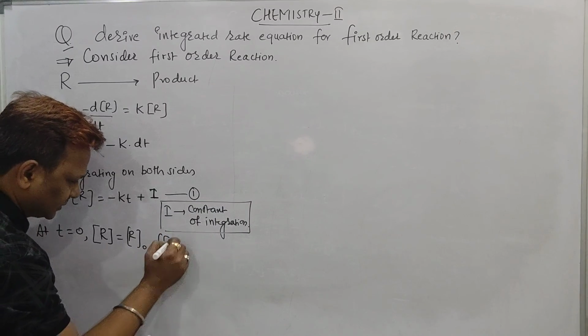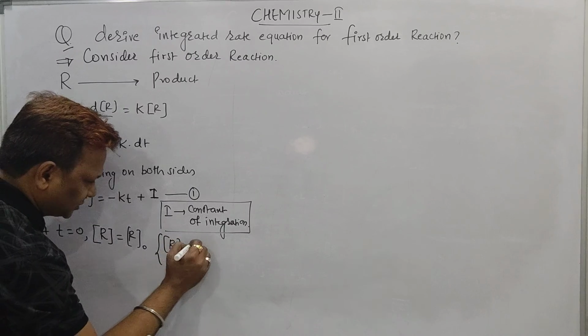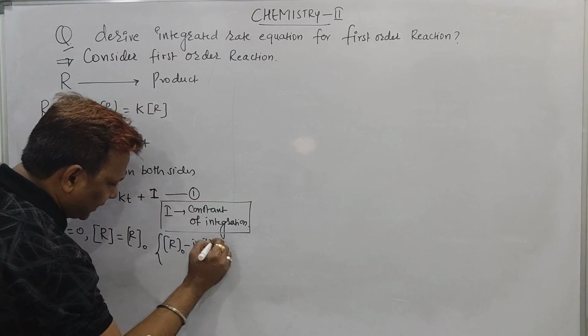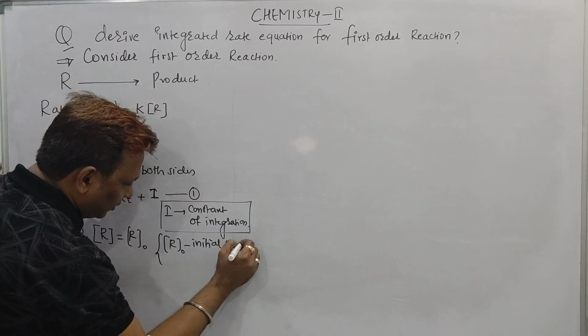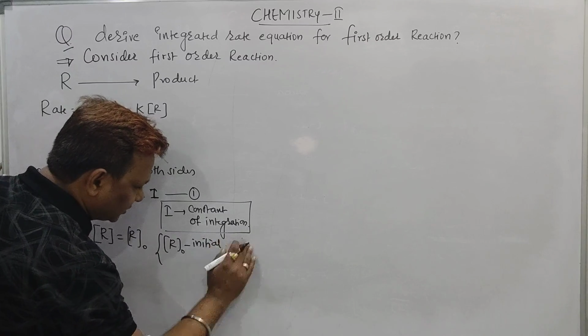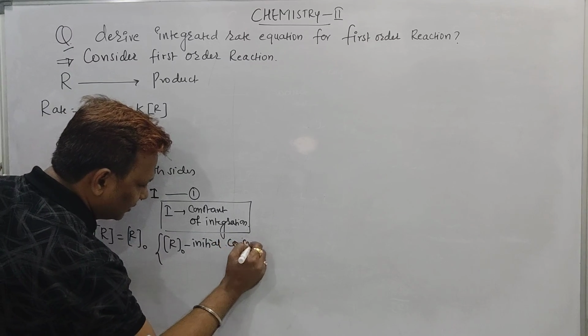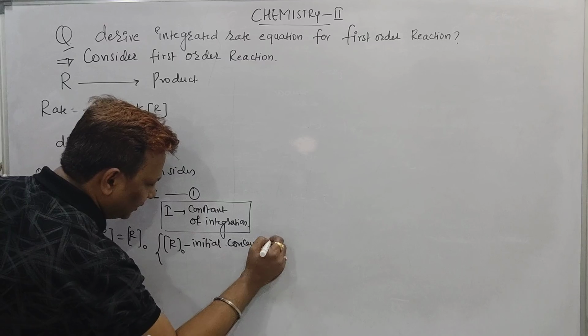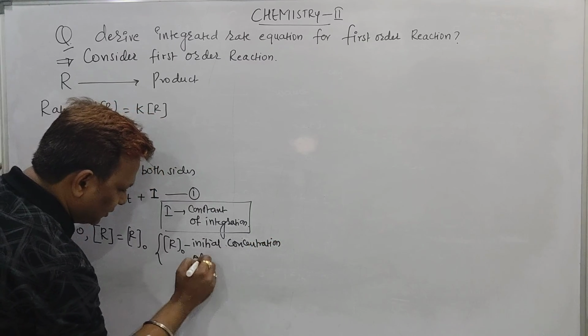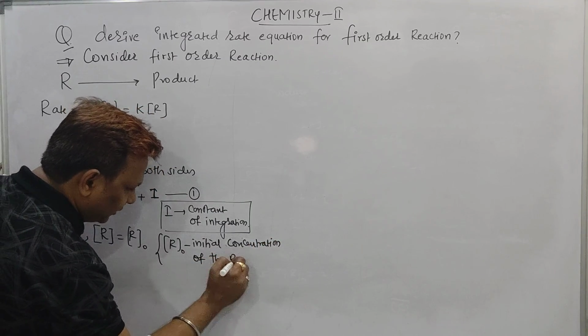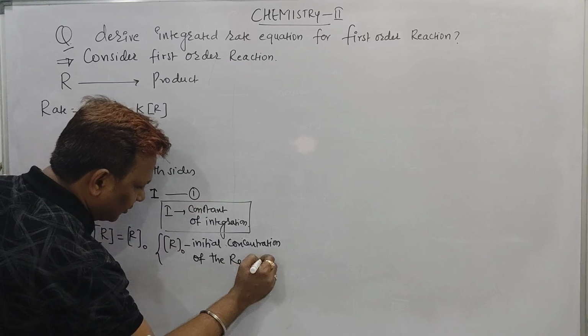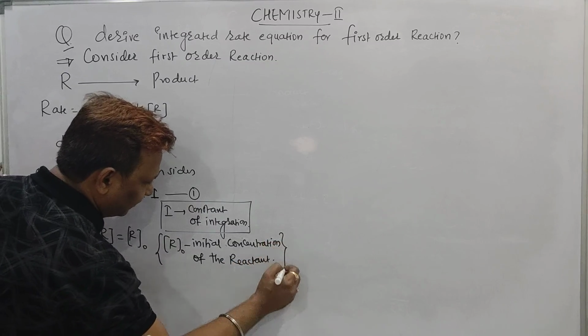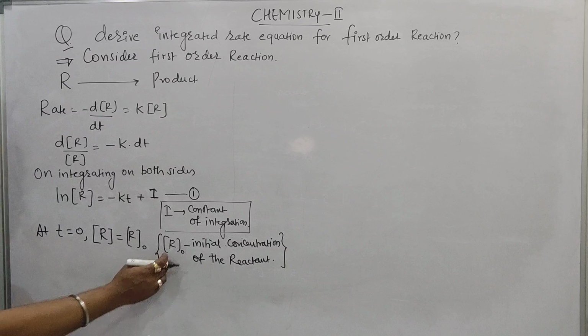Also write it down: R0 is the initial concentration of the reactant.